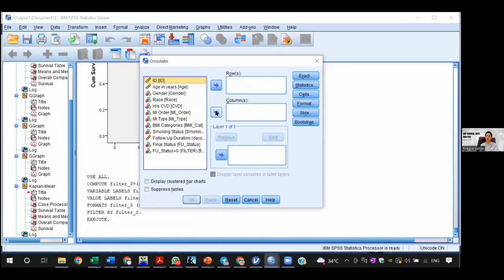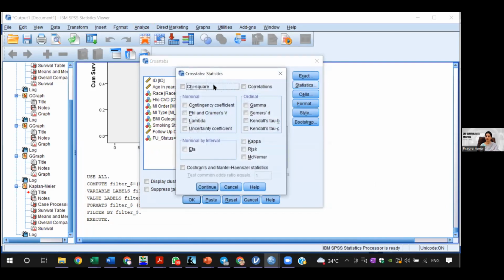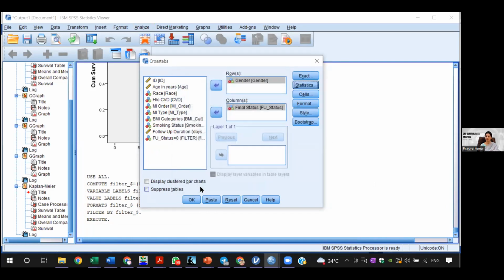So you can see in the column, which is the dependent? Independent is the gender. So I can move gender here, and in column you can put the final status. And then you can go to the statistics. You can put chi-square, continue.